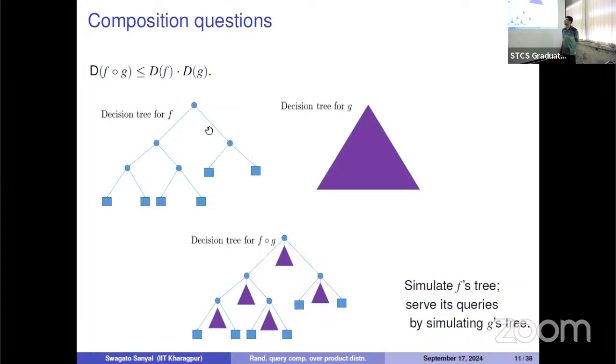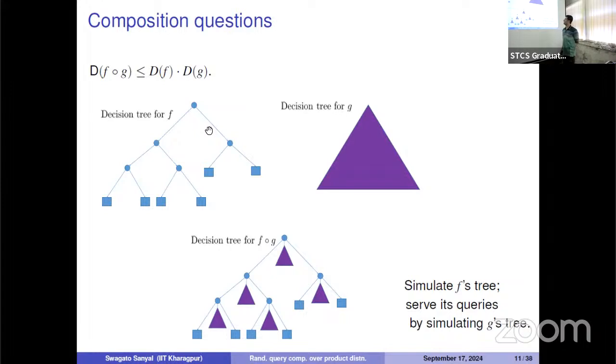So, coming back, let's say the blue tree is an optimal tree for F and the violet tree is an optimal tree for G. Then you can put them together to construct a tree that computes F compose G as follows. So this diagram is a bit misleading. What you do is that you simulate the blue tree, and whenever it issues a query, you realize that in the definition of F compose G, inputs to F are outputs of copies of G. So you solve the corresponding copy of G by invoking the violet tree and feed its answer back into the blue tree.